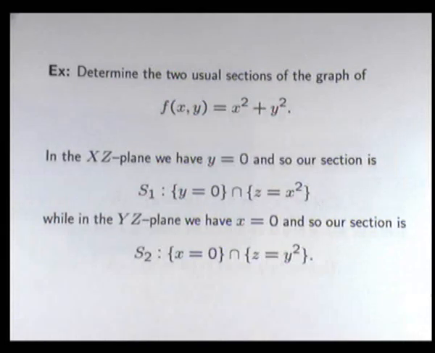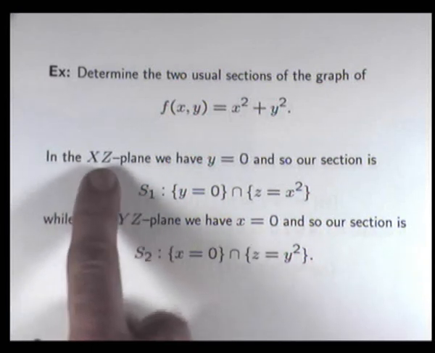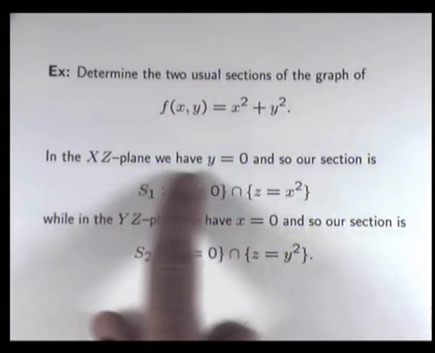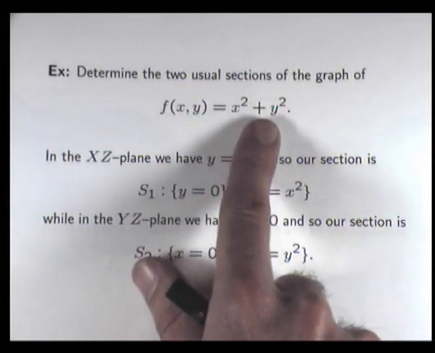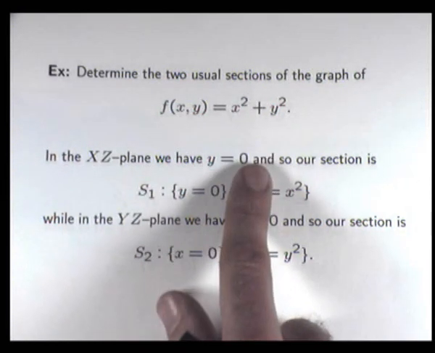We're given this function. We want to calculate the 2 usual sections of the graph of this. In the XZ plane, we have y equals 0. So we go up here and we plug in y equals 0.